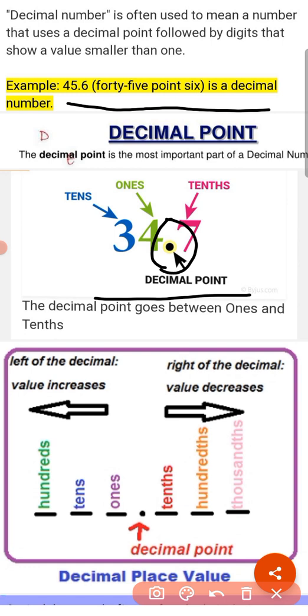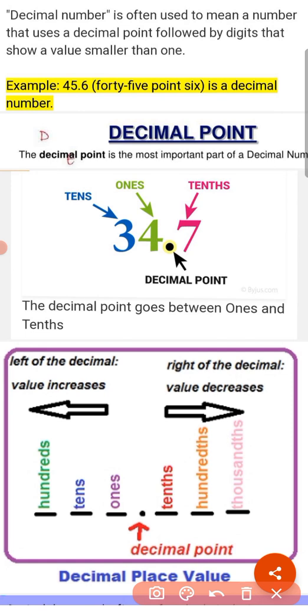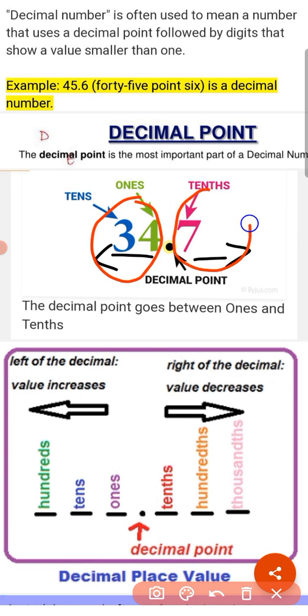A decimal number has two parts. This is the whole number part and this is the decimal part.